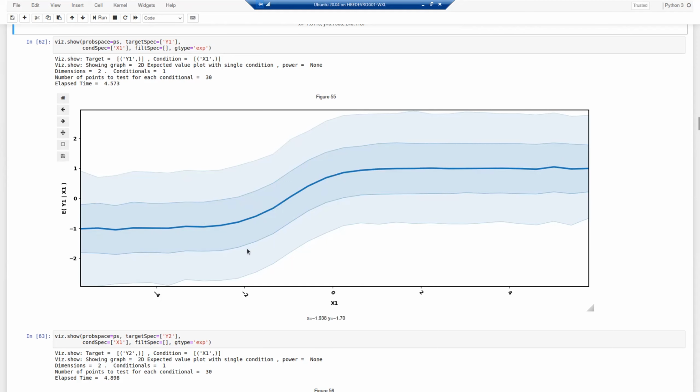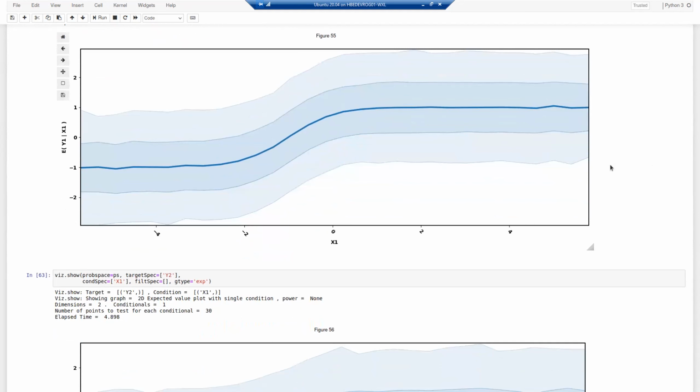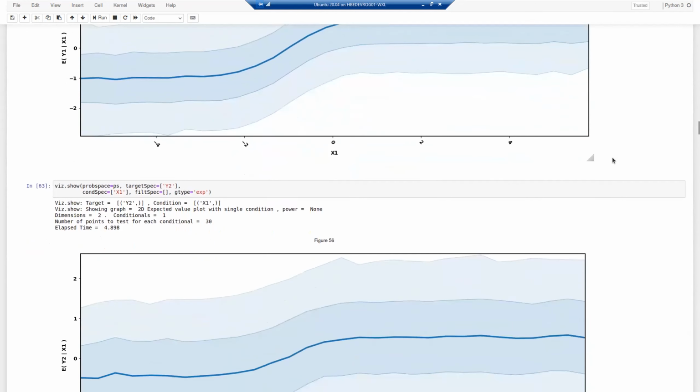The dark blue and light blue or gray areas around it show the standard deviations. That's the noise. That corresponds to the width of the tunnel in the three-dimensional graph. So again, the conditional probability highlights the function between the two variables.